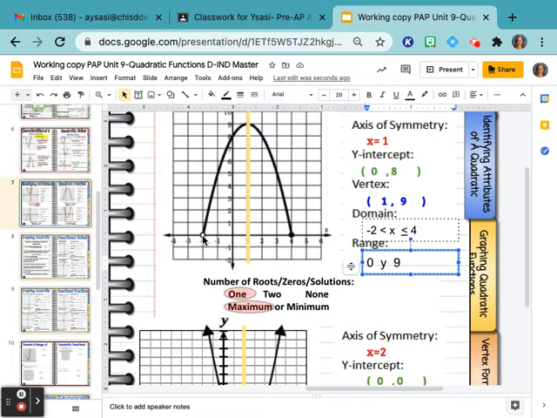Yes, because even though this one's open, this one's closed. So 0 is a solution. So that's less than or equal to. And then the 9, it goes all the way up to 9 on the y-axis, so it's also less than or equal to. So 0 is less than or equal to y is less than or equal to 9.